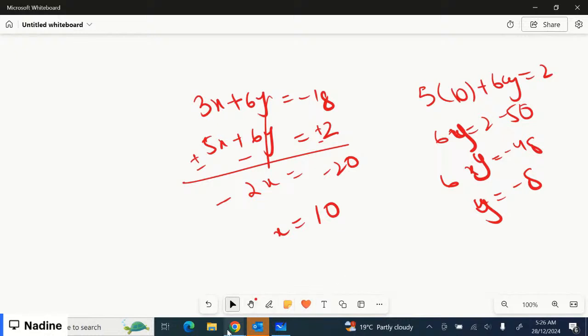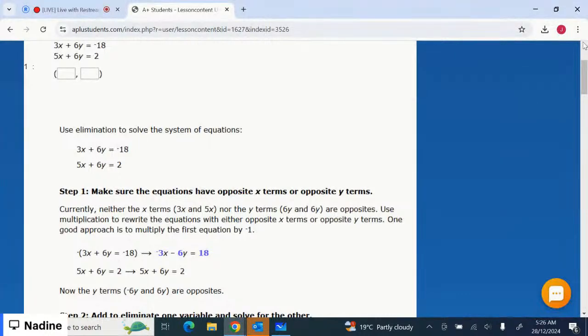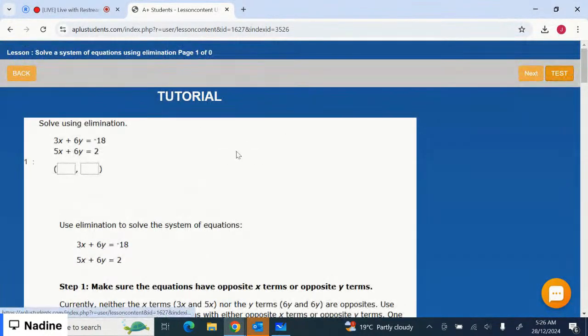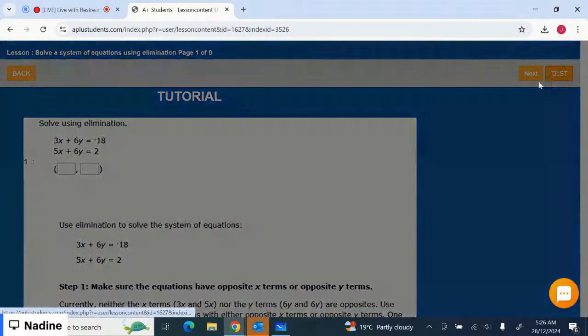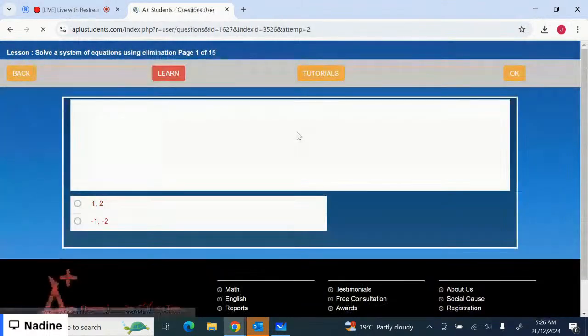That is the option number. Okay, let's just start with the test questions. We are on the tutorial. Let's just start with the test questions.